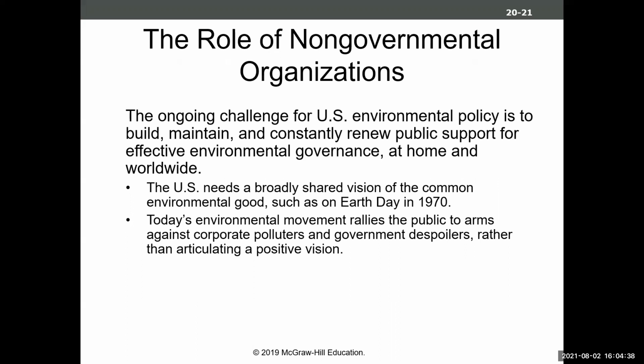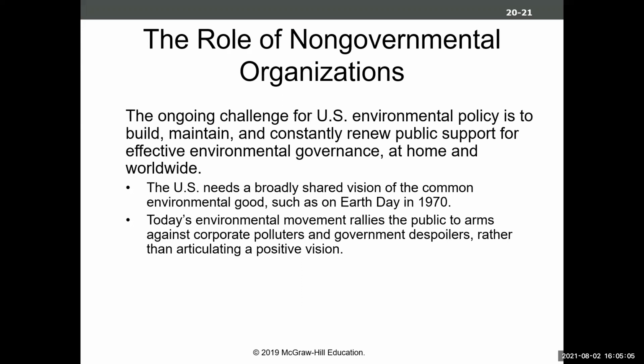The big issue for U.S. environmental policy is that it has a challenge to build, maintain, and renew public support for environmental governance. And so we had a vision, right? We have Earth Day set in 1970, a common idea of a vision for environmental good.